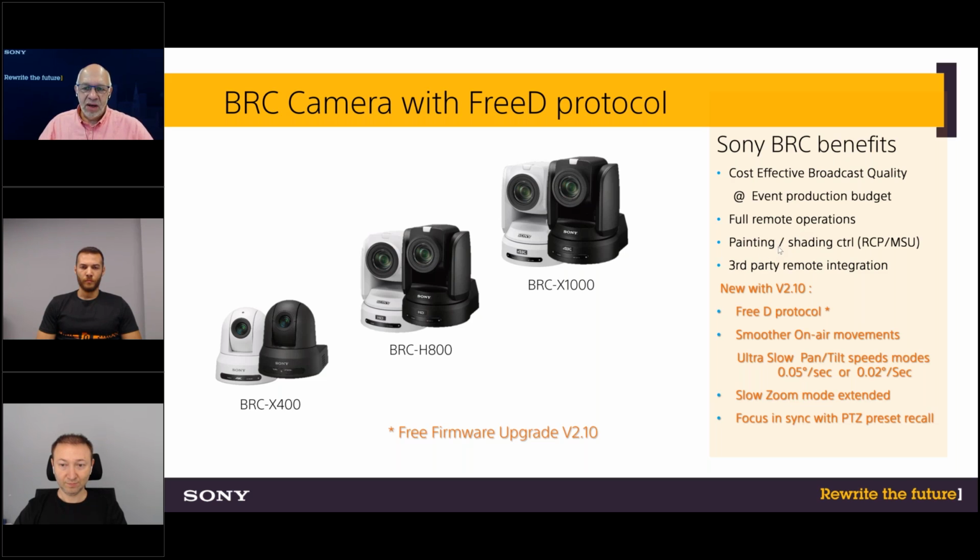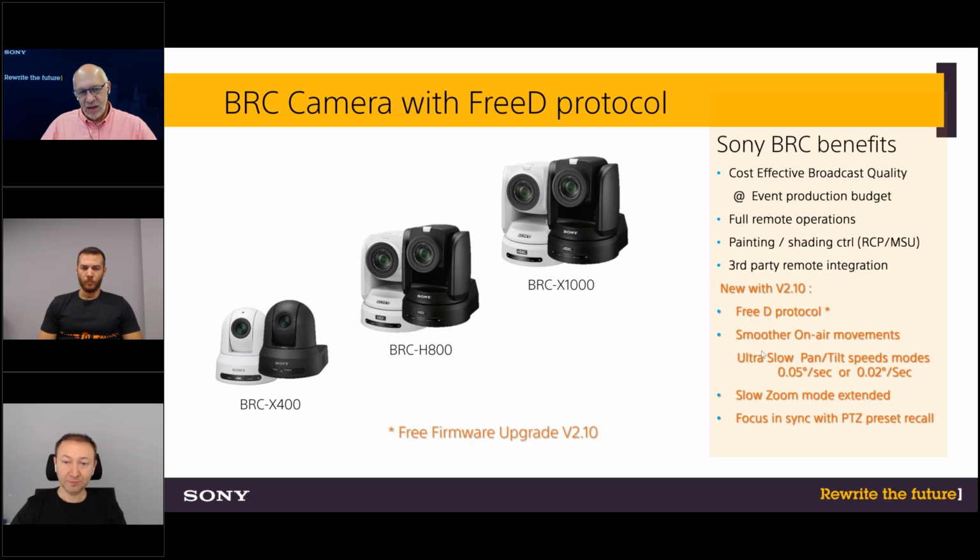So any RCP, any MSU from Sony can control these cameras seamlessly together with big studio cameras. And of course, we are now supporting the 3D protocol for virtual reality. We also improved the PTZ movement to 0.05 degree per second, or even down to 0.02 degree per second in extended mode.